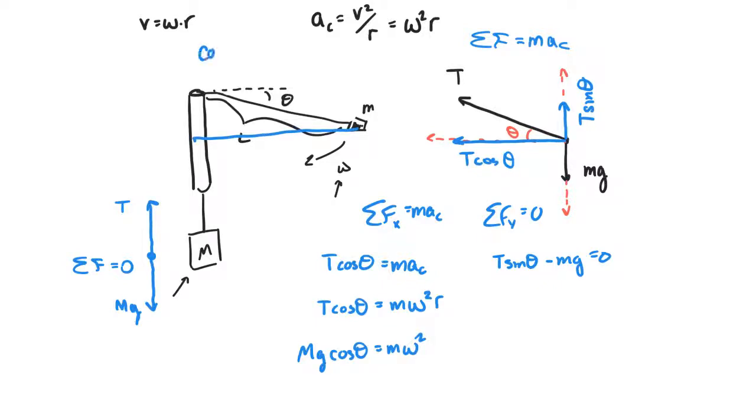Looks to me like cosine theta is R over L. How's that? Okay? Fantastic. So now you can get rid of those cosines.